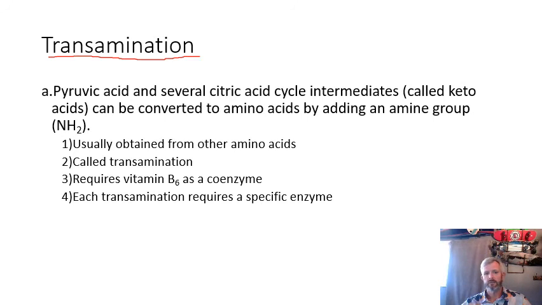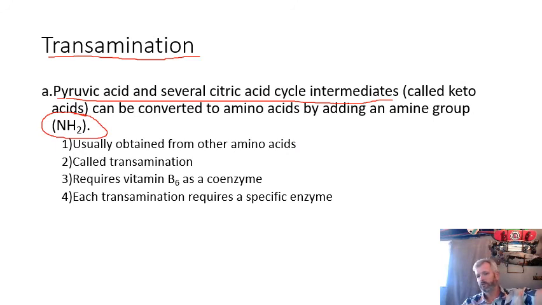I didn't have you keep the names, but I want you to realize that some of the building blocks for our amino acids lie in those intermediates in the citric acid cycle. Many of the molecules that we're going to make our non-essential amino acids from are products, intermediates in that citric acid cycle, or pyruvic acid. All we're going to be doing is adding an amine group to them.